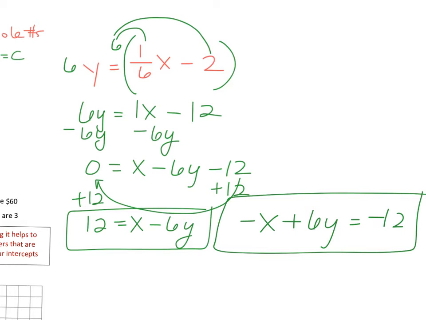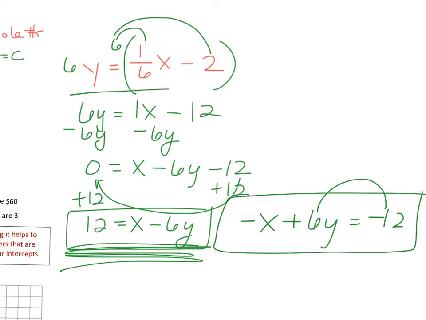If you change 6y for negative 12, you can't do negative x minus 12 equals 6y. You can swap them, yes, but you need to change their sign if you do that, because I'm subtracting 6y and adding 12.